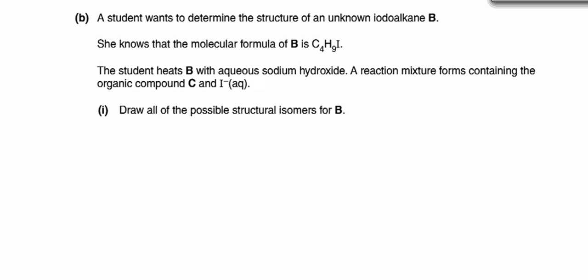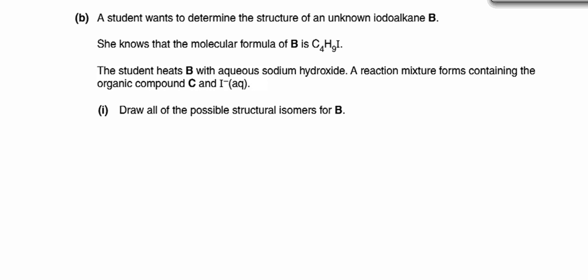And as we've already said, we know then that C, if it's produced from a reaction of an iodoalkane and sodium hydroxide, should be an alcohol. And it's telling you you've got iodide ions as well produced, so you know that a substitution has occurred.